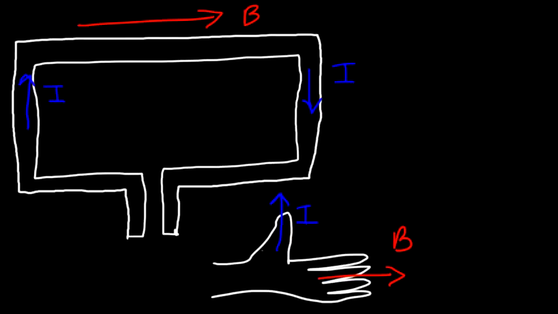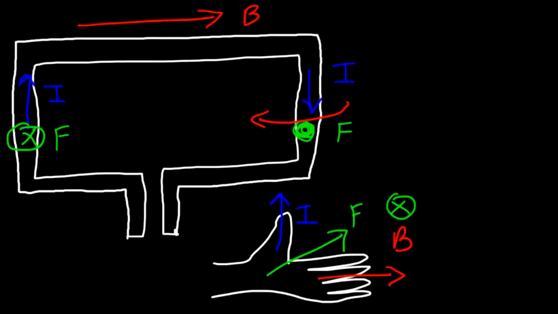And so that's where the force is going to be. So the magnetic field will exert a force on the left side of the loop going into the page. Therefore, on the right side of the loop, the current is reversed, so the force must be out of the page. So this loop is going to turn this way, and then into the page on the other side.